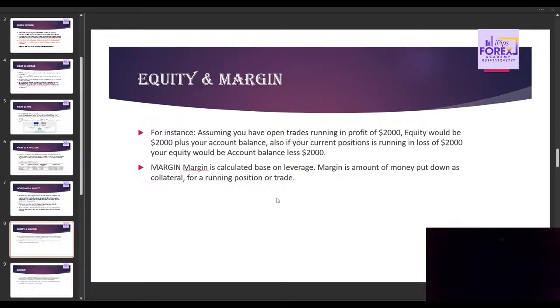Let's say you want to buy something of 1,450, you have like 5k or 2k. They will deduct that 1,450 from your balance and keep it aside, as a collateral. This is the amount you kept aside for this commodity that you want to buy or sell. Do you get it?